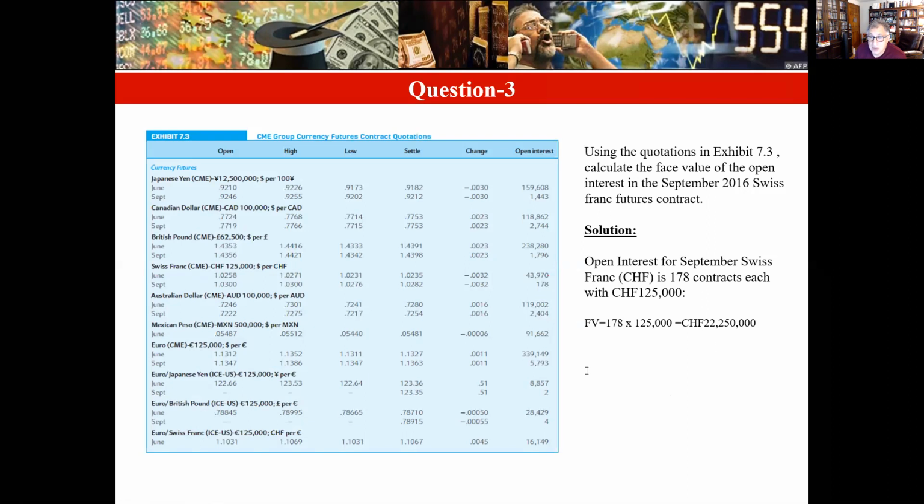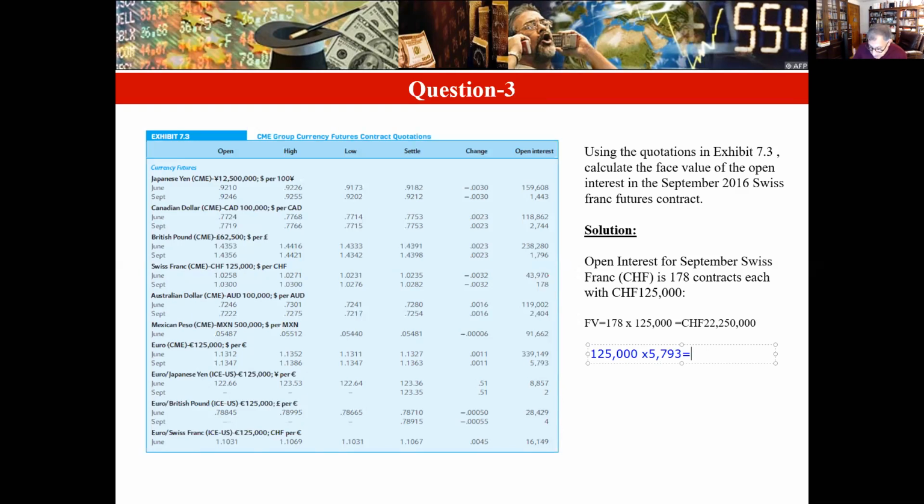Just to have an exercise, we could calculate, let's say, the face value of the euro contracts. If you look at the euro contracts in here, September euro contracts have 5,793 open interest. So let's look at that. Each contract, again, is 125,000 euros. And there are 5,793 contracts in place.